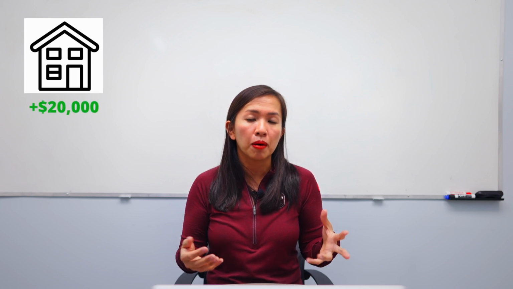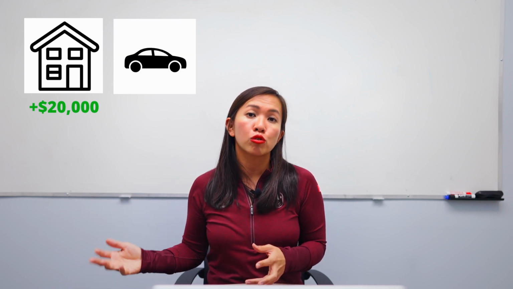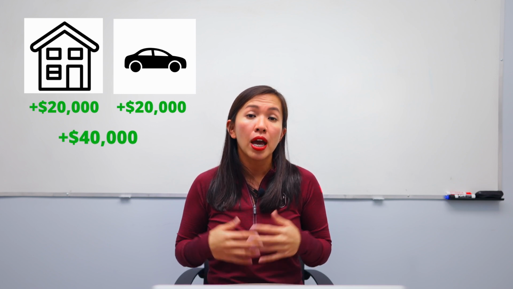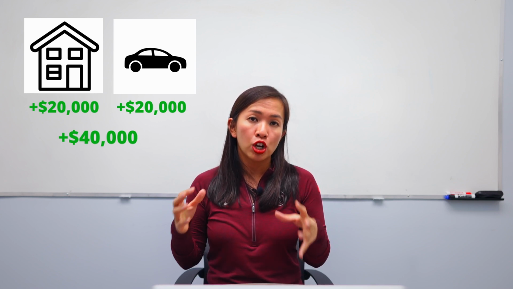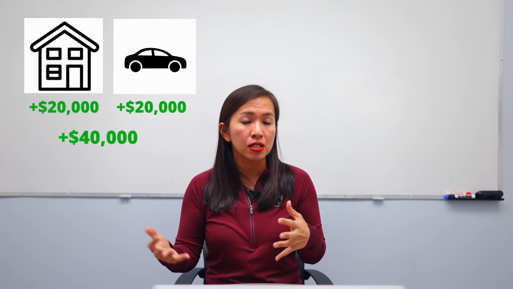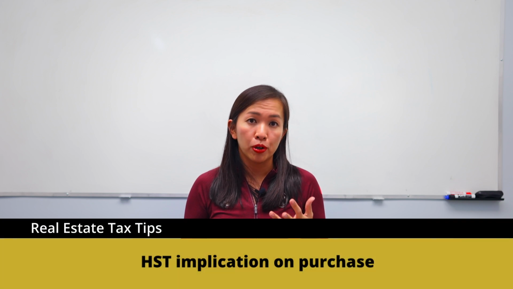If your short-term rental generates about $20,000 of income, but you also have a side business that drives for Uber Eats, and that also generates an additional $20,000 of income, the combine of two would be $40,000, and you would be over the small supplier rule, and you would then have to charge HST. Just because your rental income from your short-term rental is not over $30,000 does not mean that you don't necessarily have an HST implication.